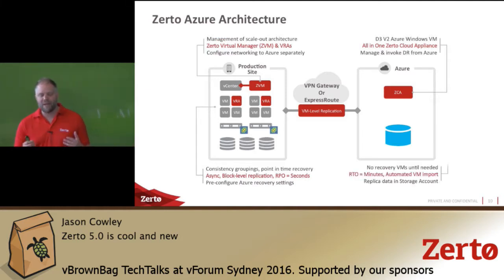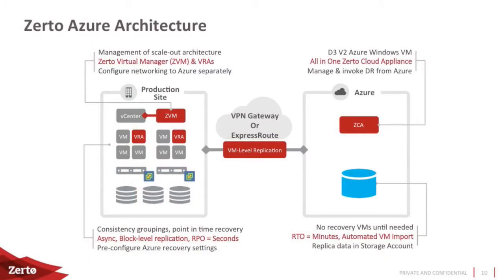Now, the way that we replicate from your production workloads through your VRA up into the ZCA, and we store them in two types of Azure blobs. So the first one, we store the actual content of the virtual machine into the page blob within Azure, and the journaling, which we use for point-in-time recovery and really fast and non-disruptive DR testing, we store in 16-bit block blobs.